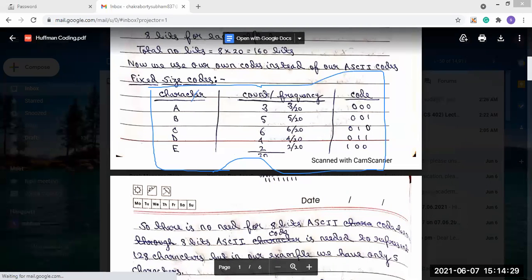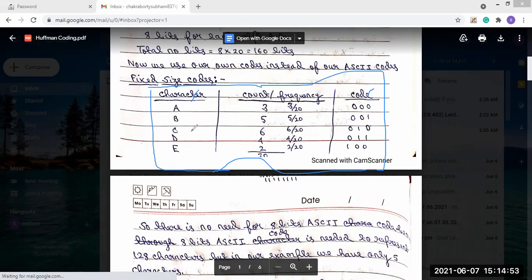First, there will be the character. Second will be the count or frequency, whichever you choose. And the third column will be the code. We have seen that a total of 5 main characters are present here.